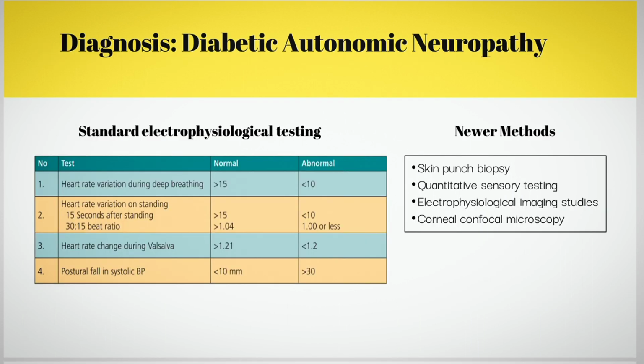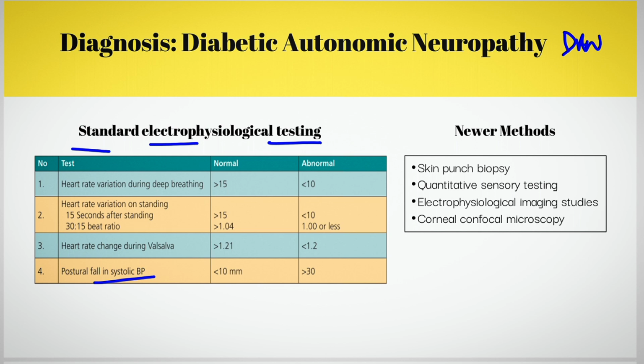So, what are the methods to diagnose this diabetic autonomic neuropathy condition? Usually we use standard electrophysiological testing to diagnose DAN. In this, we record heart rate variation during various positions, as well as postural fall in the systolic BP.